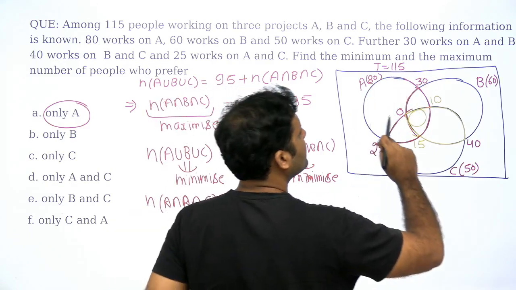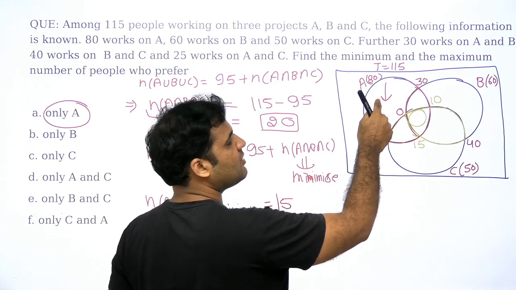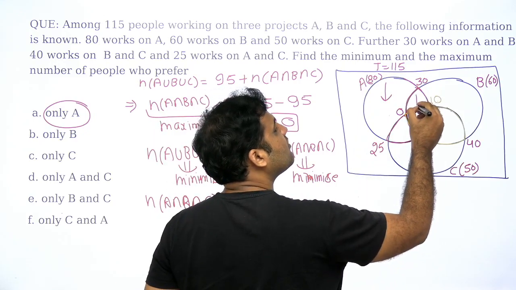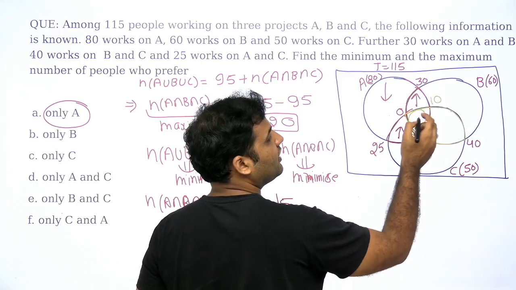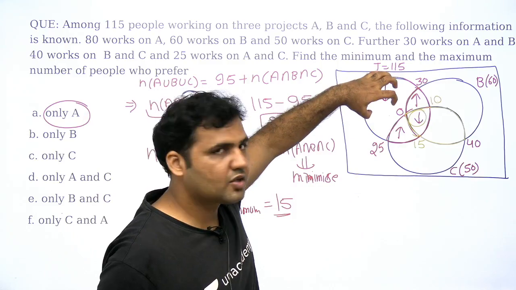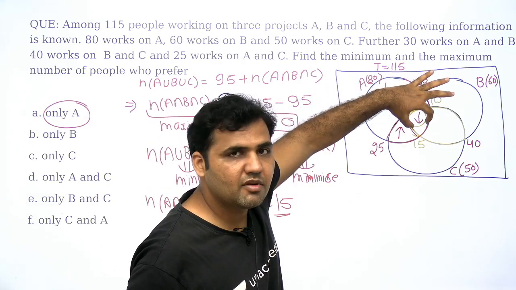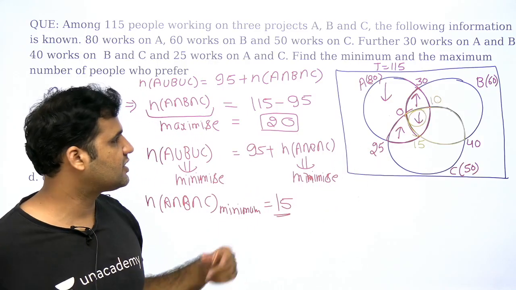This total value is 80, and this will get minimized when you accommodate more value over here. When will you accommodate more value over here? When you minimize this part, right? So if you want to minimize only A, you need to put the minimum value over here, and we already know the minimum of this is 15.